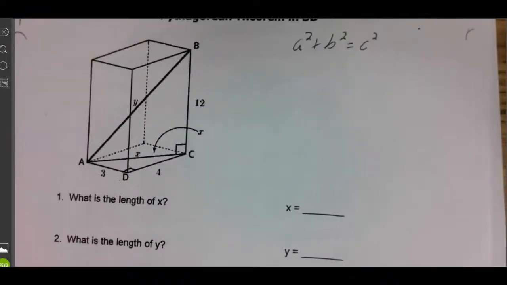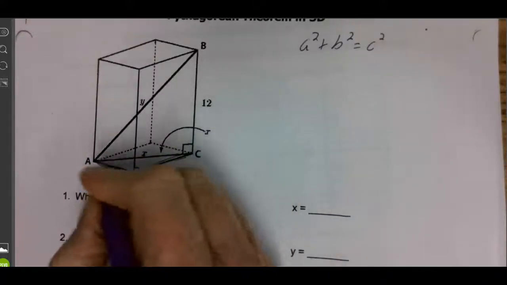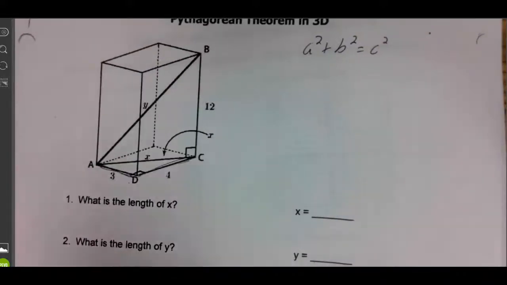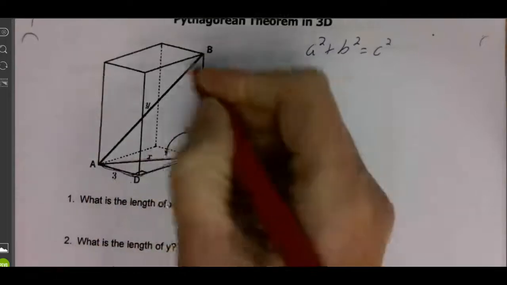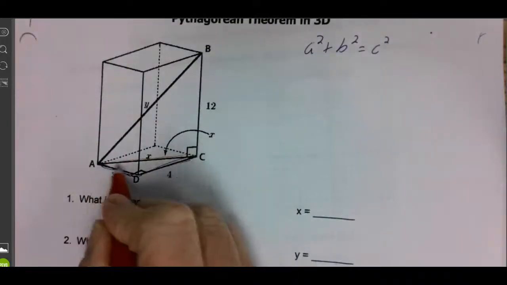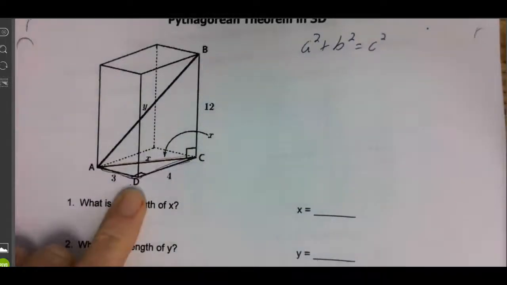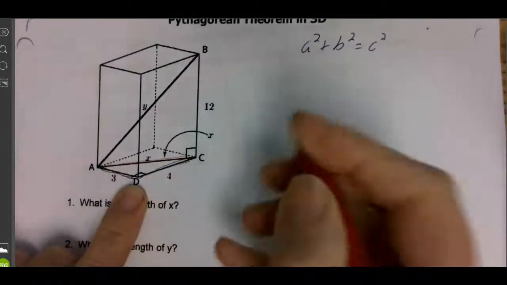So, going back to this side over here, we know this side is 4, this side is 3. We want to find this side in here first, so then we can find this side. So we have to concentrate on the base right down here. We're going to use Pythagorean Theorem. Okay? Our hypotenuse is x.